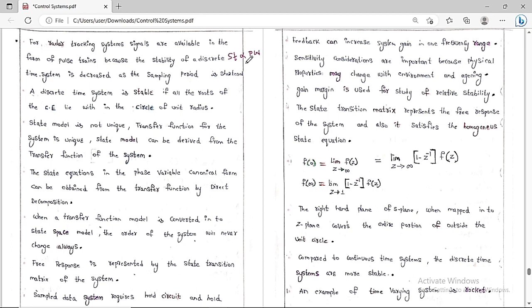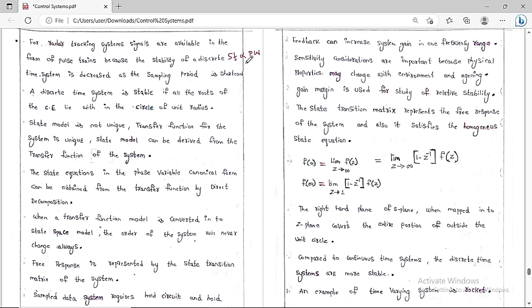And I have already told you how to derive the state model from the given transfer function, and vice versa. If you know the state model, you can get the transfer function. If you know the transfer function, you can get the state model. So finally, whenever you compare the transfer function and the state model, while deriving the transfer function, all the initial conditions are assumed to be 0, whereas in the case of the state model, all the initial conditions are considered.